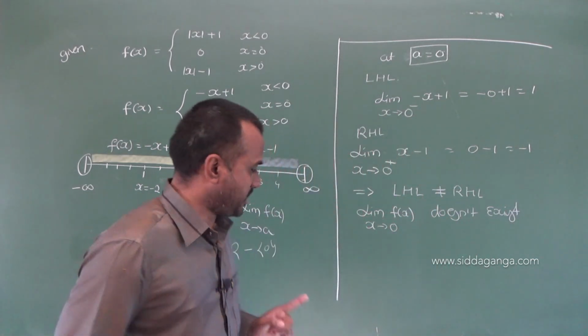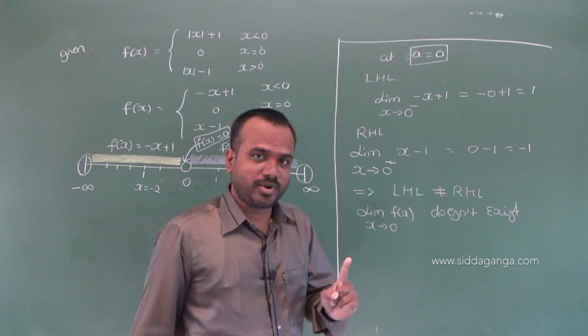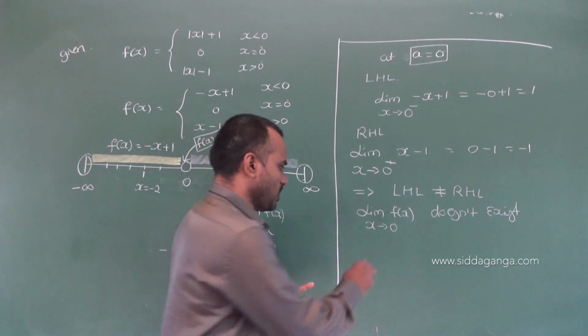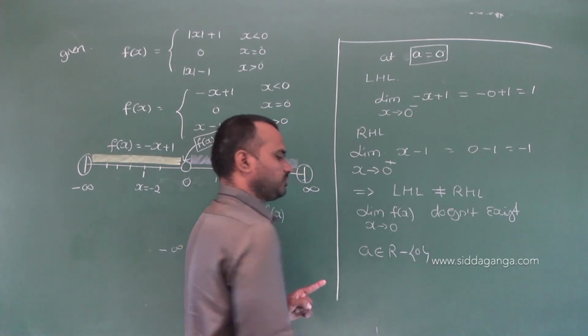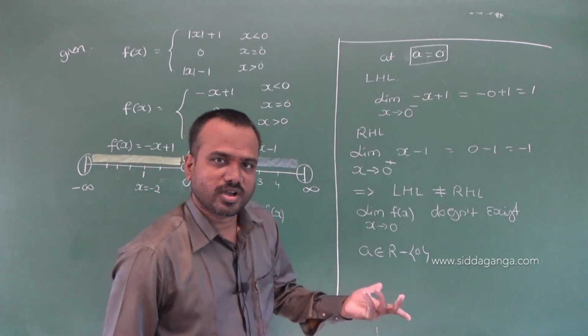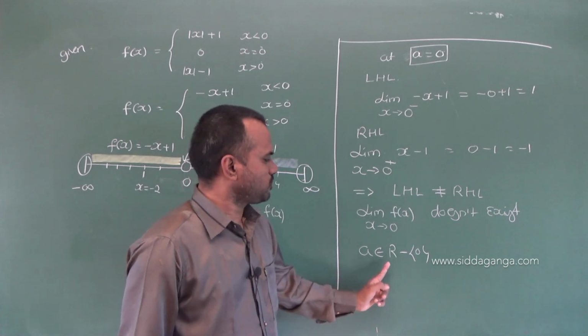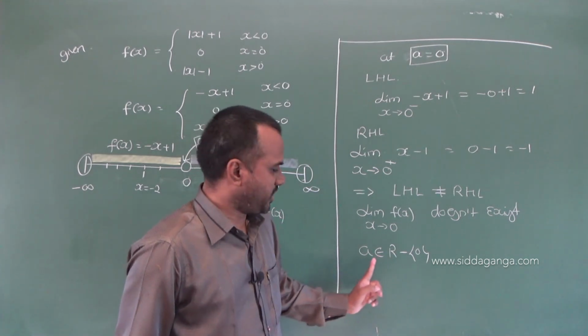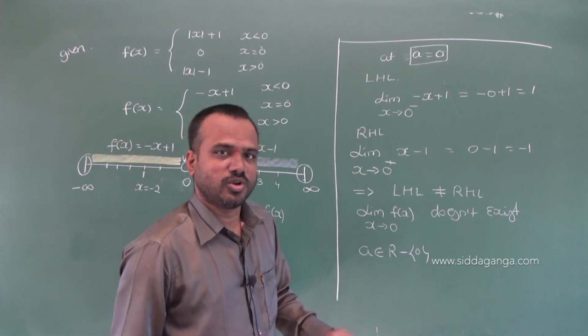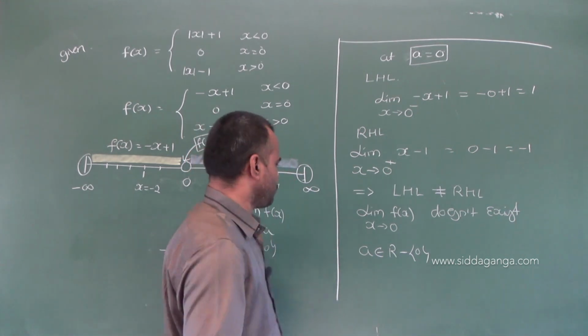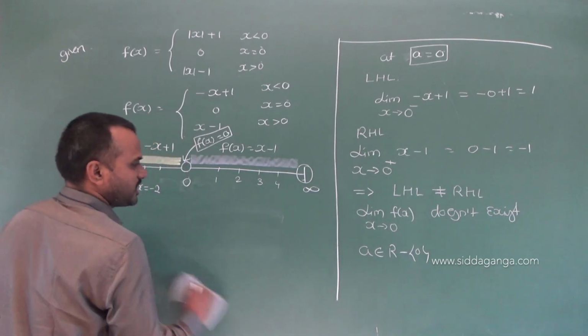For what values of a does the limit exist? a belongs to R minus 0. Got my point? a belongs to R minus 0, the limit value exists. We write only one sentence here, that is enough.